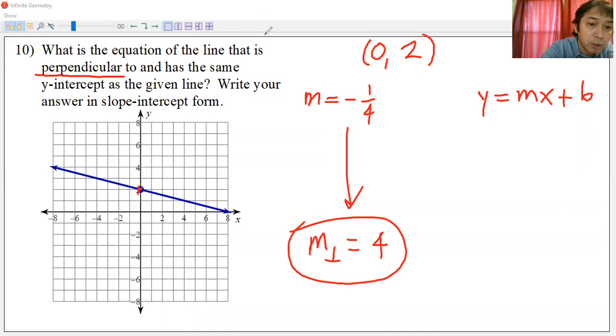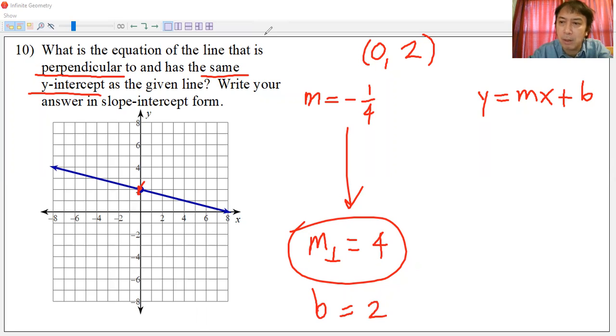The (0, 2) is this point, the same y-intercept. So that means we have the slope 4, and that's the m, and the b, the y-intercept, is 2.